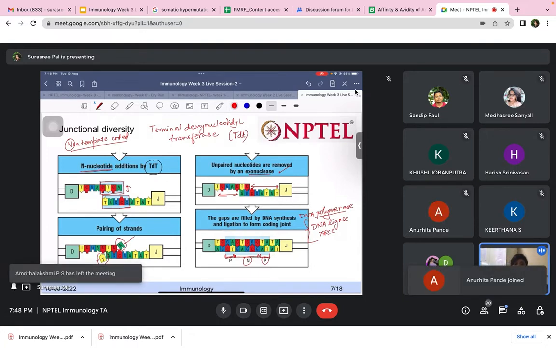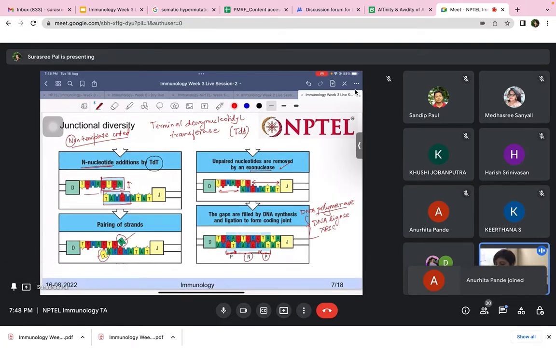So the random nucleotide addition which takes place after these palindromic nucleotides are added is done by TDT. TDT adds N nucleotides which are not template coded. But after the pairing of the strands and after the unpaired nucleotides are removed, finally the gaps are filled by which enzyme? DNA polymerase.